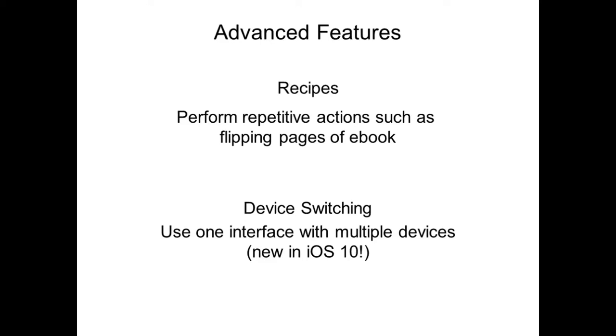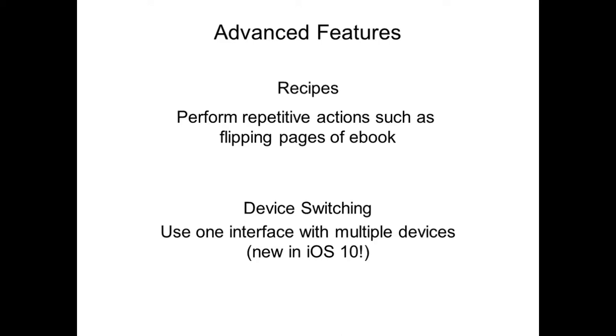I can switch from my iPad, where I first enable switch control, and then go into my iPhone, make that call, and when I'm finished, I can jump back to my iPad and start reading a book or do whatever I want to do on the iPad. So it gives you a lot of flexibility because you're using one switch interface but with multiple devices.